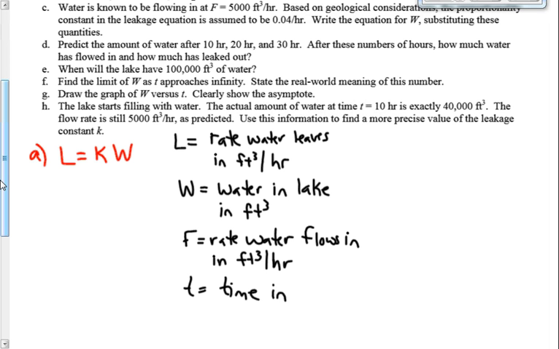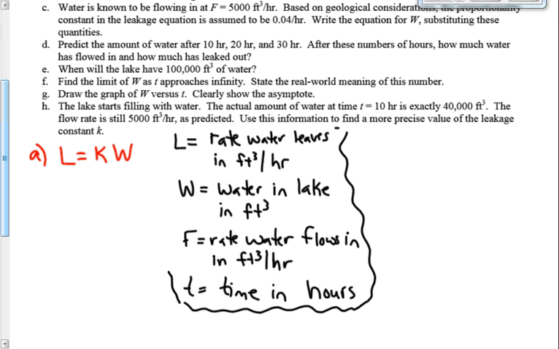And part A talks about hours. So we're going to say time is in hours. That's what I'm going to do. If we need to convert anything into days, we can, but it looks like a lot of our information is actually in hours.